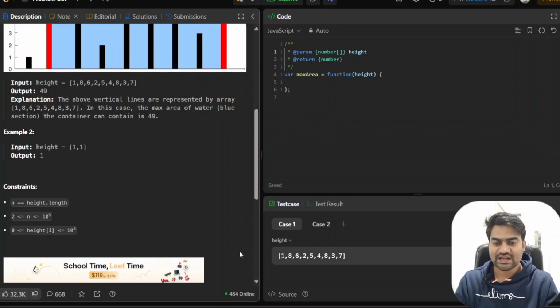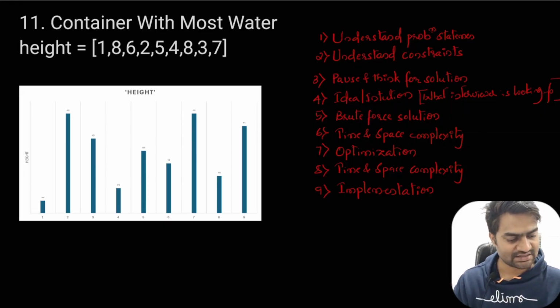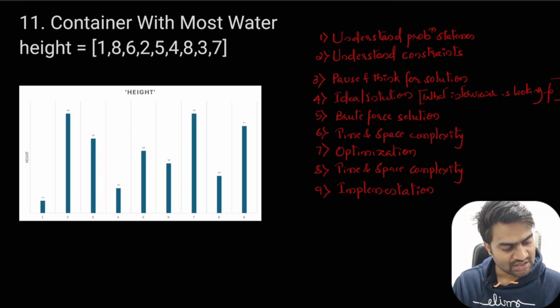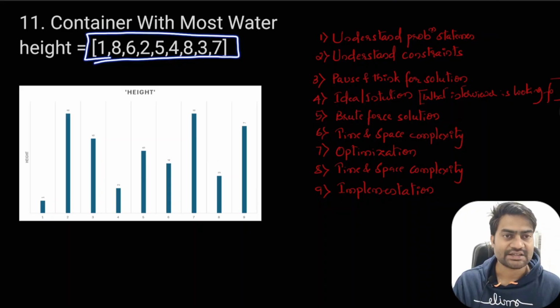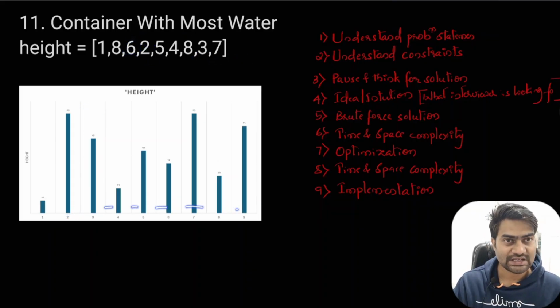With that, let's switch to our editor and try to understand this problem in detail. Now they have given this particular height array, and this is of height 1, this is of height 8 and 6 and so on. I have drawn the heights in a graph here.